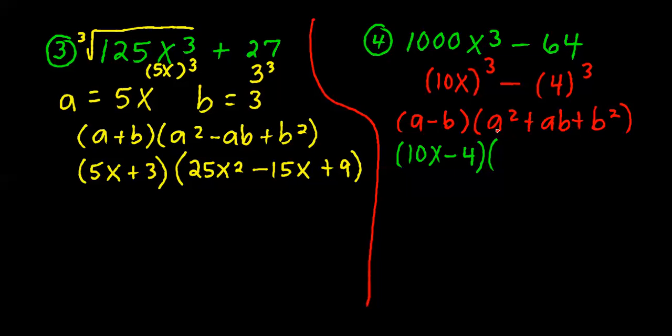In the trinomial, my a is 10x, and since I'm squaring 10x, I'm going to get 100x squared. Now a times b is 10x times 4, that's 40x. And last, b squared, well, b is 4, so it's 16.